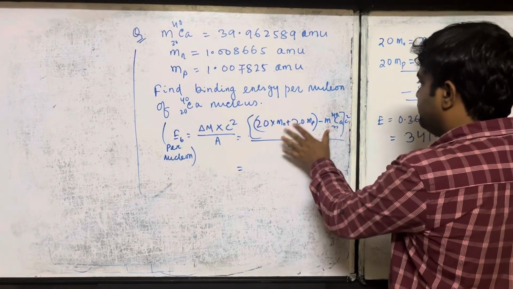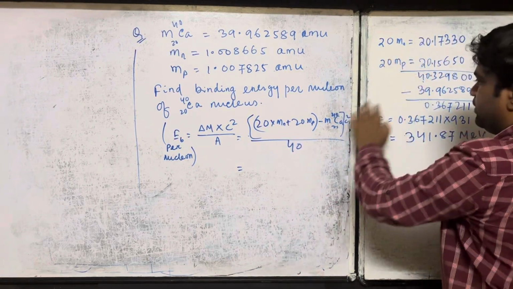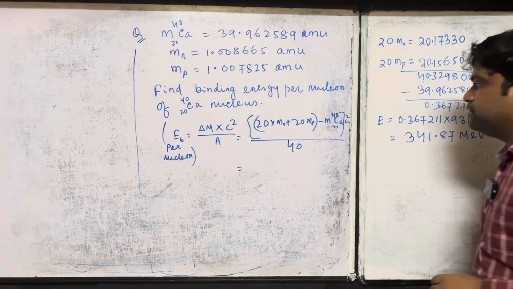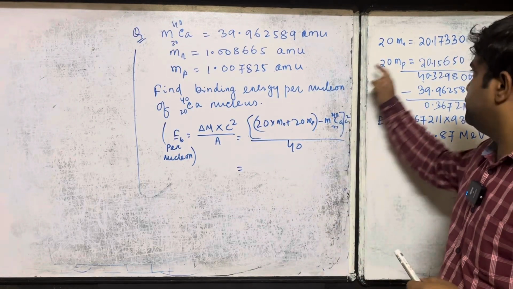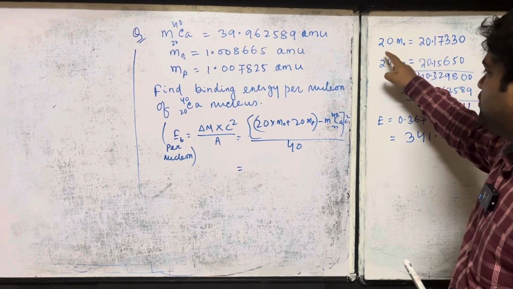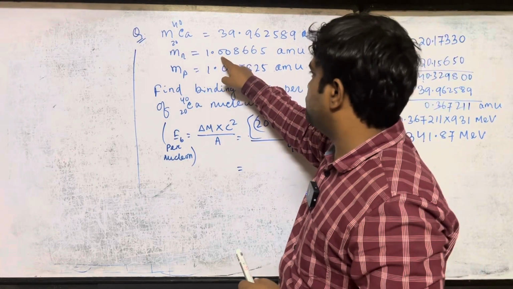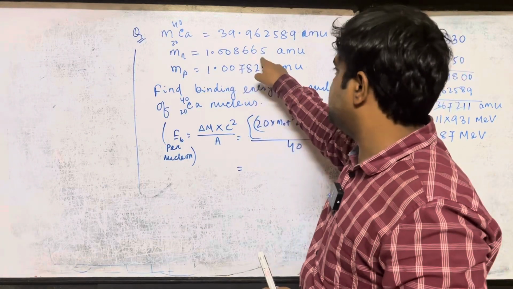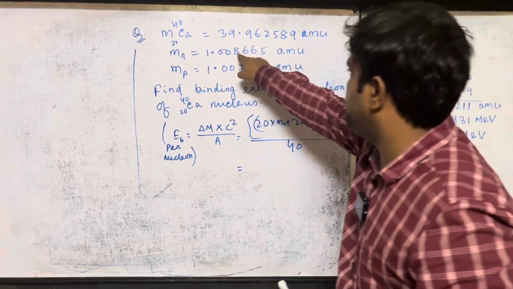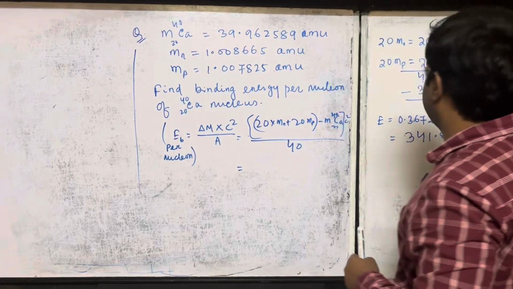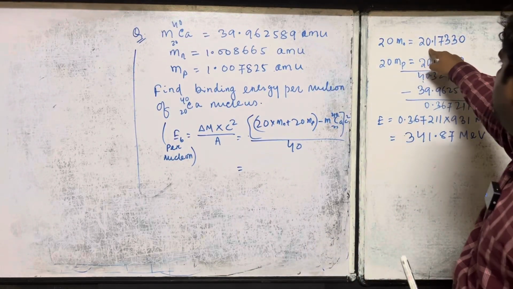So here is the numerator, we will calculate here. The mass of 20 neutrons: one neutron mass is 1.008665 AMU, so we multiply by 20.